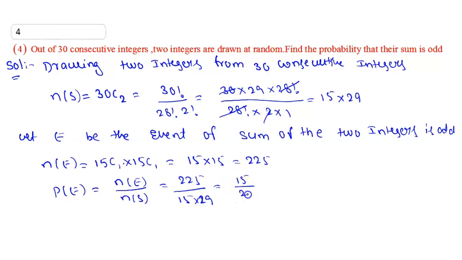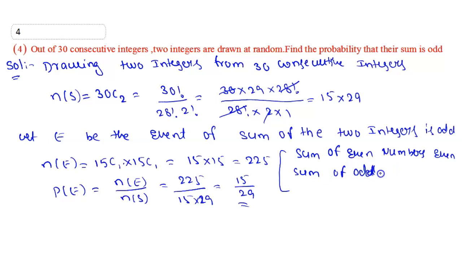So 15 by 29 is our answer, right? So here we need to remember one thing: sum of even numbers is what? Even only, right? Next, sum of odd numbers.